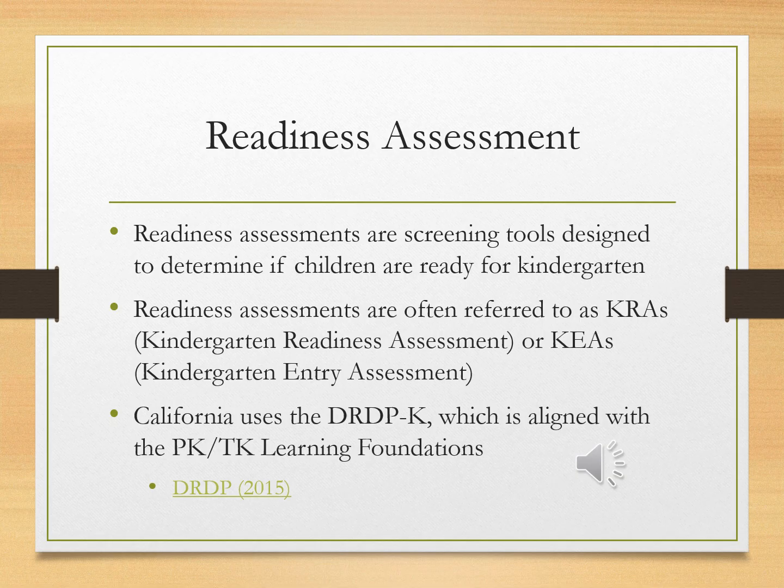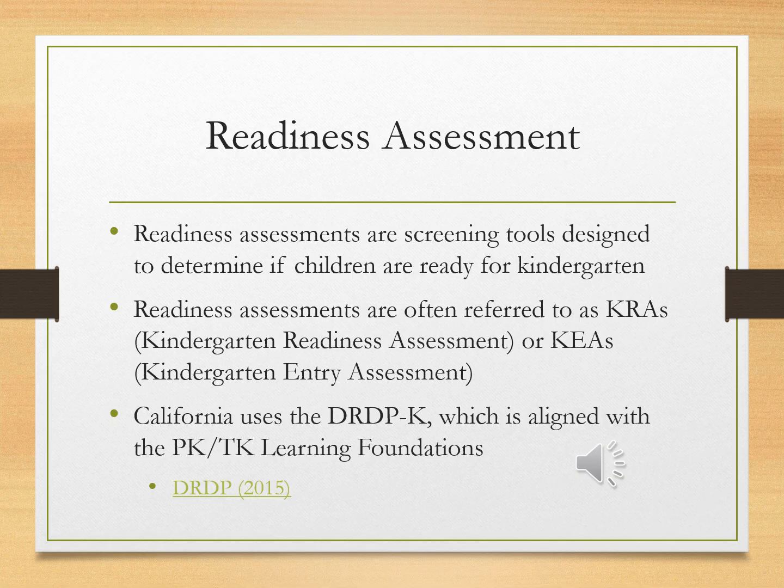So in the state of California, we have something called the DRDPK, which is aligned with the preschool learning foundations. So both of these documents were developed in conjunction with each other, and the DRDPK measures some of the foundations that are in the foundations document.